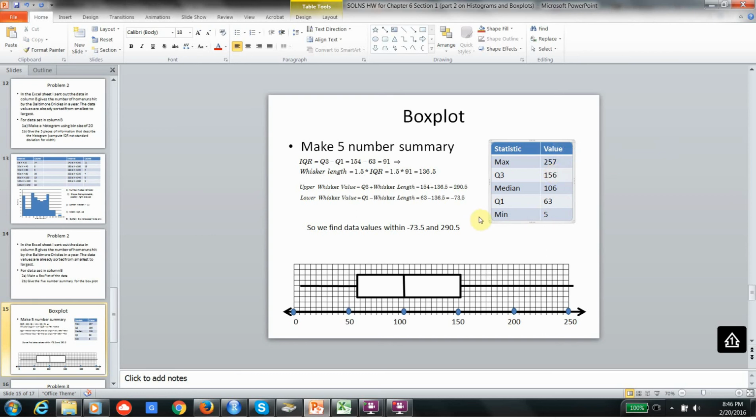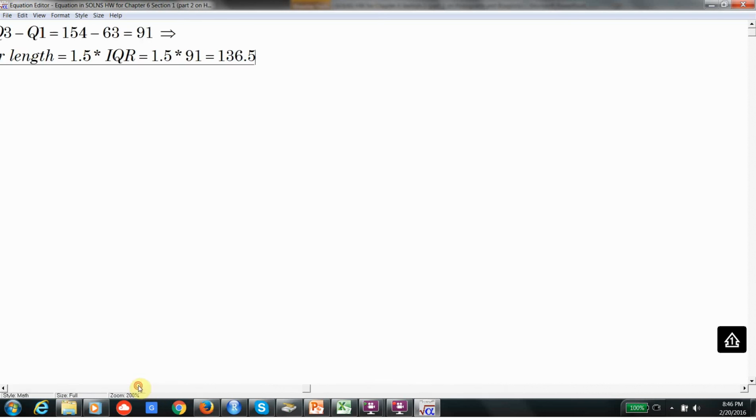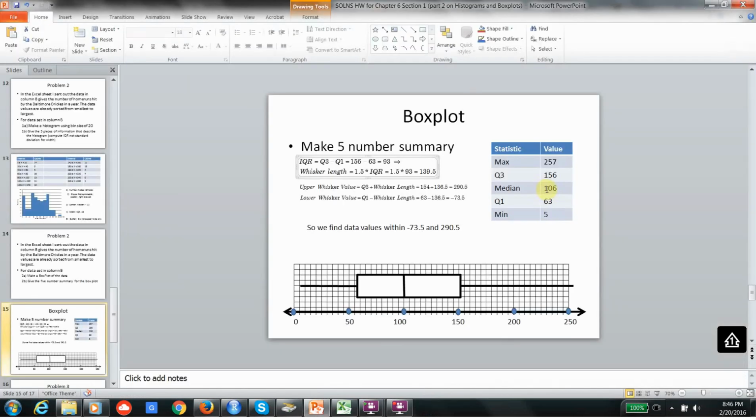And now I'm ready. So first I'm going to look at the IQR. I'm going to take this difference, 156 minus 63, and I'm going to have 93, and I'm going to compute the IQR. So that's just going to add 3 to this, 139.5. And it's not going to change anything when I compute the upper and lower whisker values.